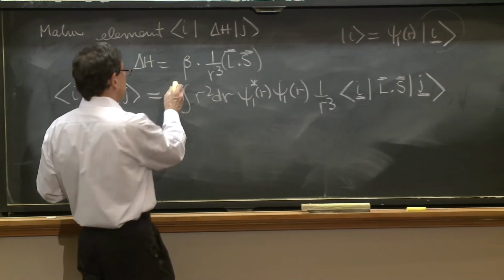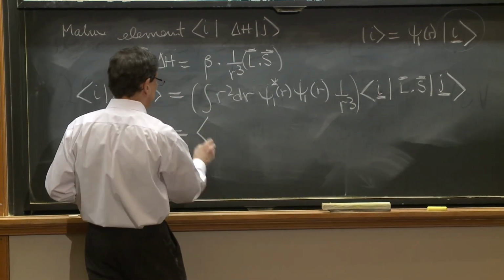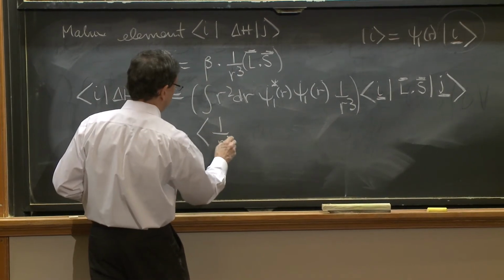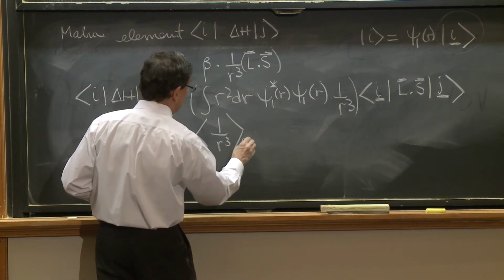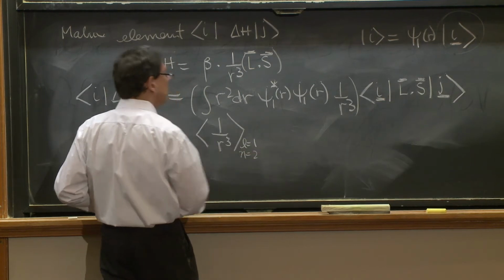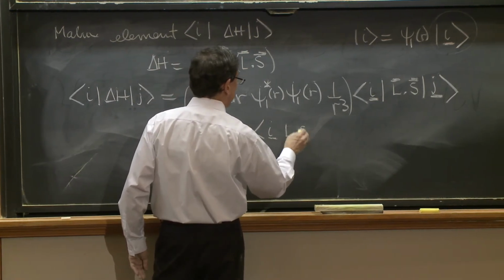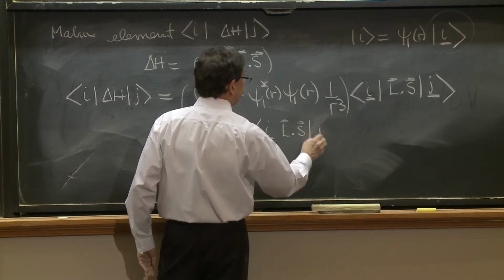So independent of what's happening here, this could be written as the radial expectation value of 1 over r cubed in the L equals 1 state, with n equals 2, times <i|L dot S|j>.